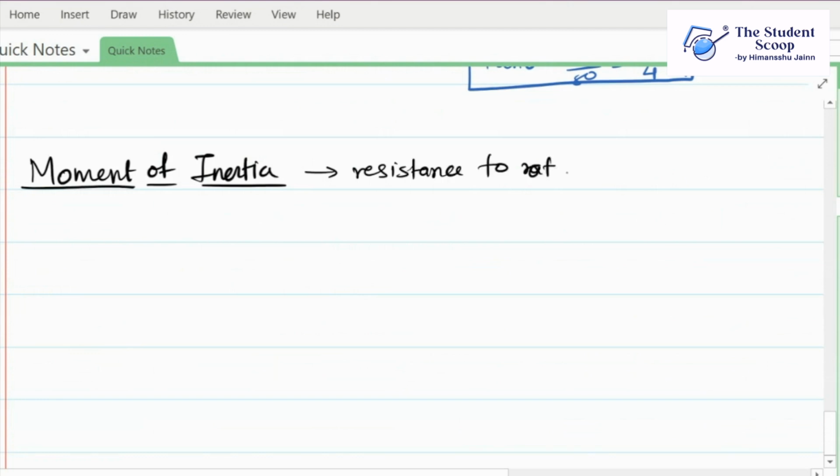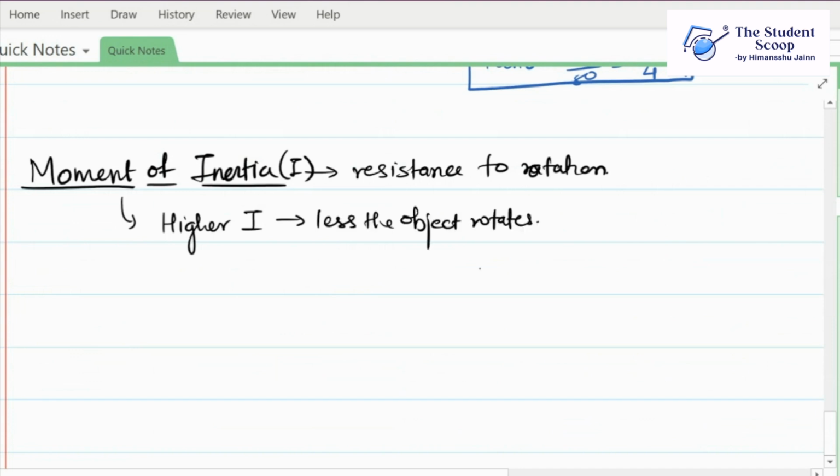Okay. So it is given by I. So the higher the moment of inertia, the less the object rotates. Okay, that's the simple thing that you need to understand. Now, what factors does this moment of inertia depend on?